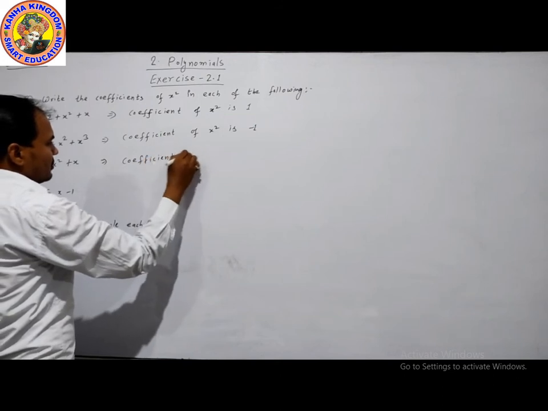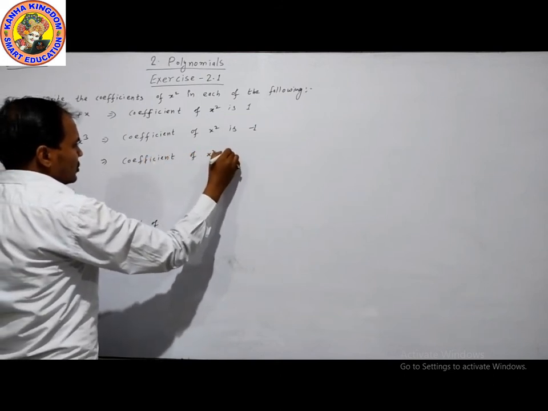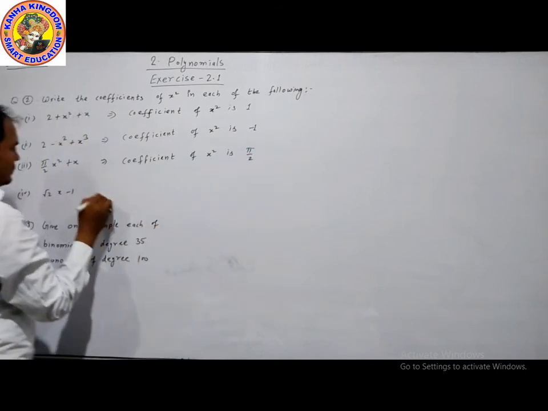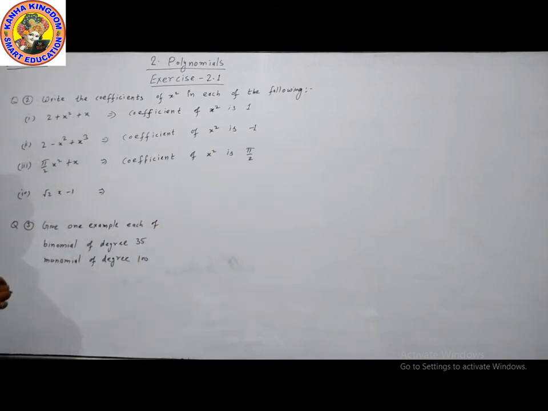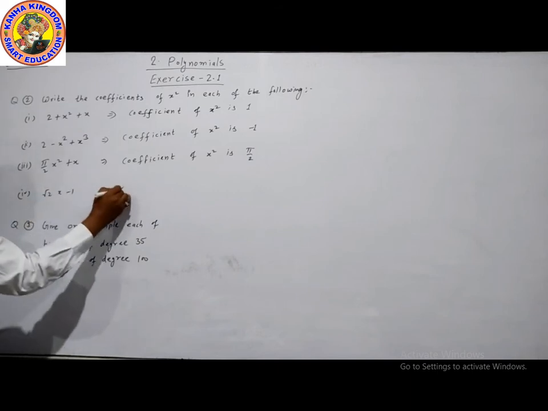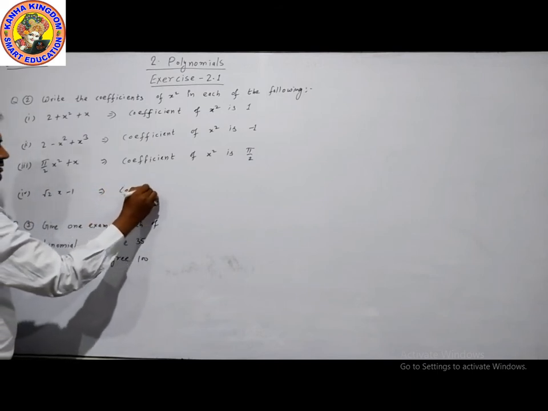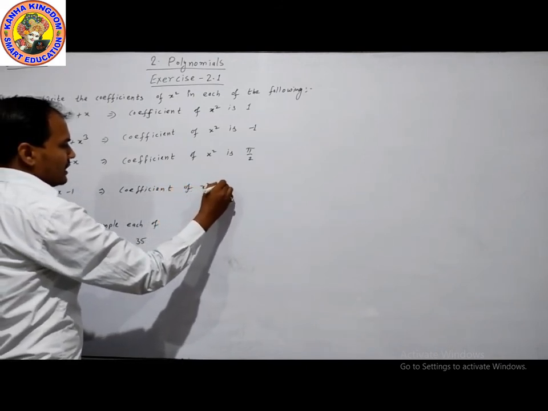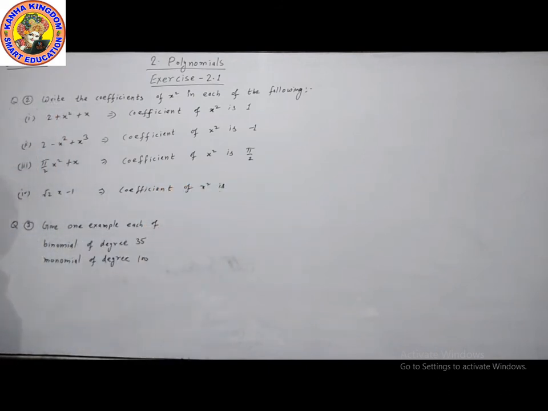Coefficient of x square is pi by 2. Now in this, what is the coefficient of x square?